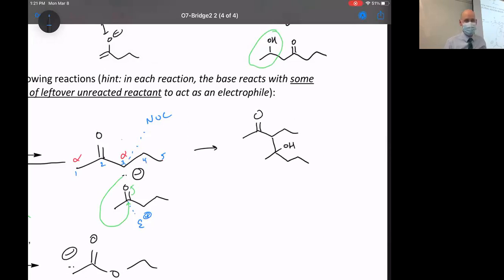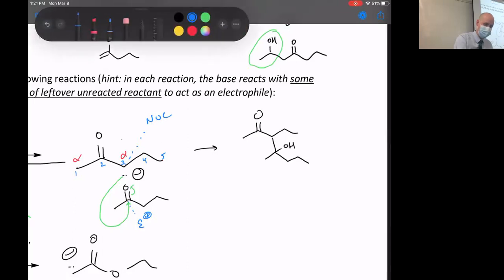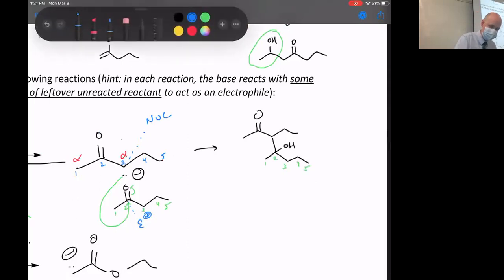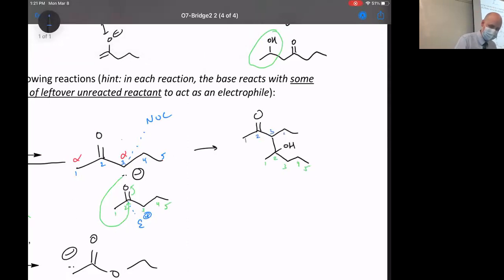Remember, when you add ethoxide or hydroxide, you end up pulling the hydrogen off of the most substituted alpha carbon. So now we have another molecule. I'm going to number it the same way, just in green. It's still that same 5 carbon chunk, 1, 2, 3, 4, 5. So my product, I'm still going to have those 5 carbons. So it's green, 5 of them, blue, 5 of them.